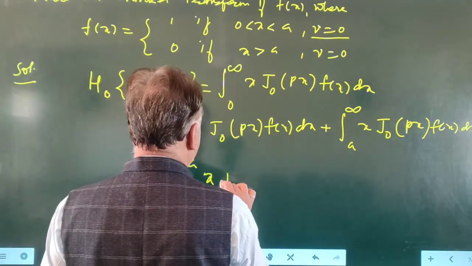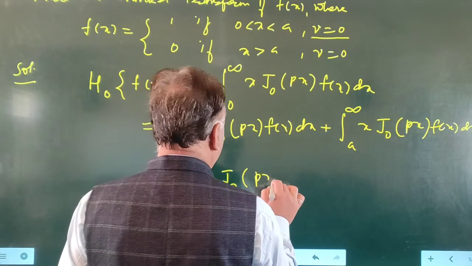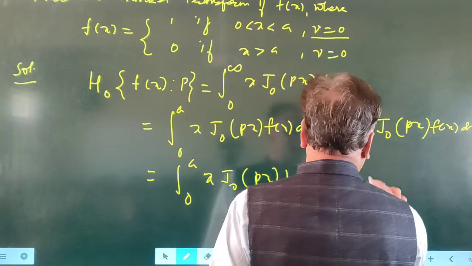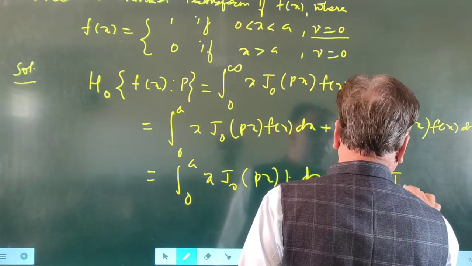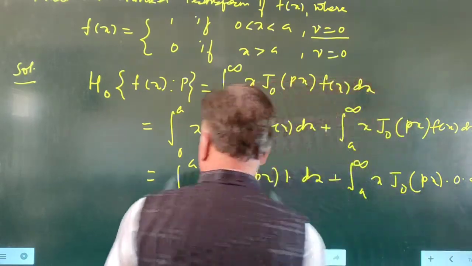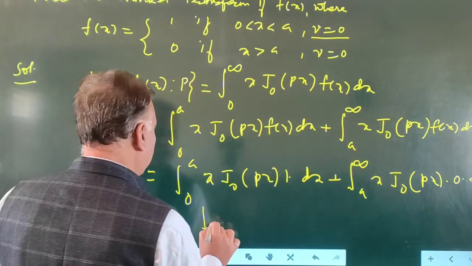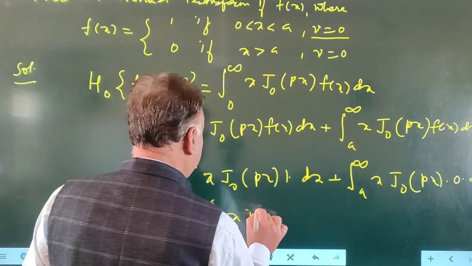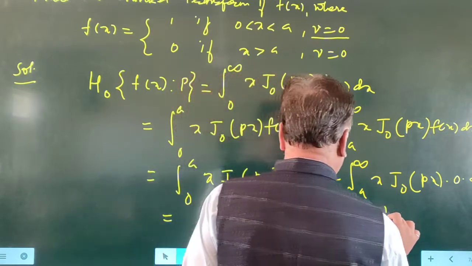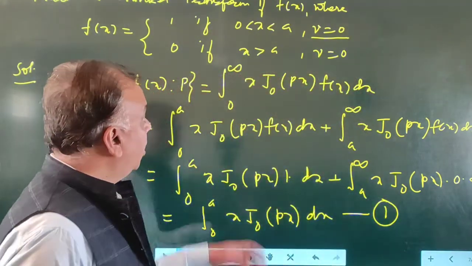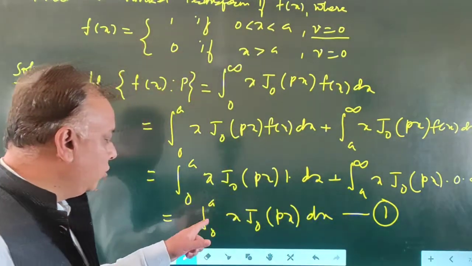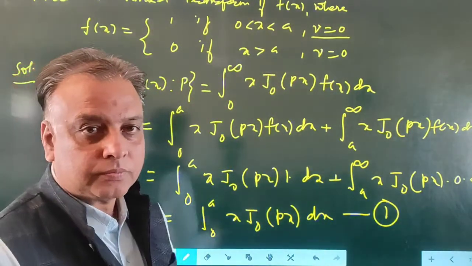So this is the integral from 0 to a of x J_0(px) dx, plus the integral from a to infinity of x J_0(px) times 0 dx, which equals the integral from 0 to a of x J_0(px) dx. Call this equation 1. Now in order to find the Hankel transform, we have to calculate this integral.